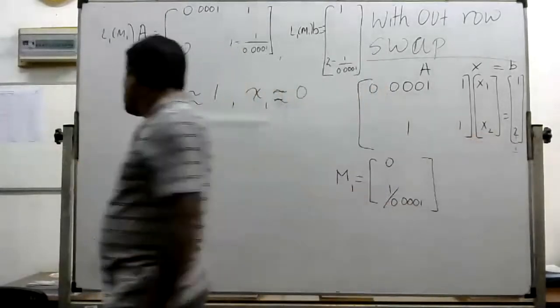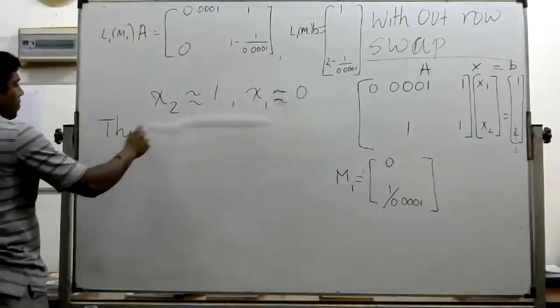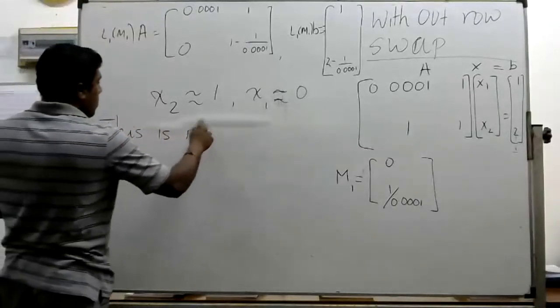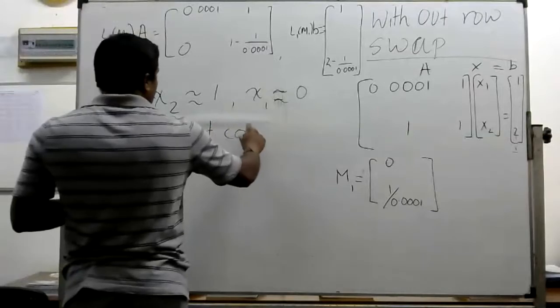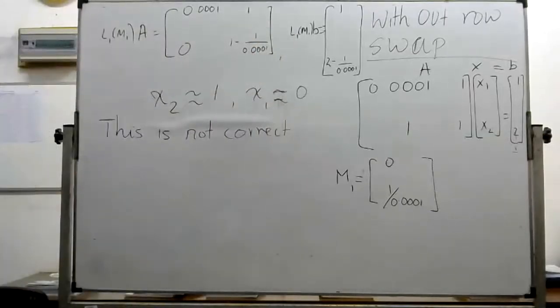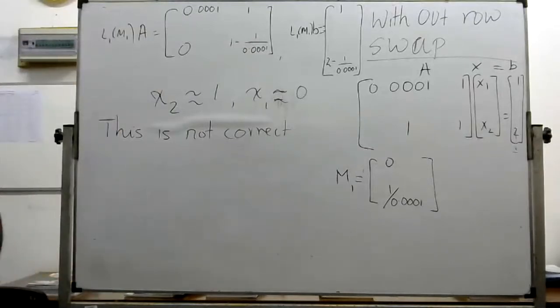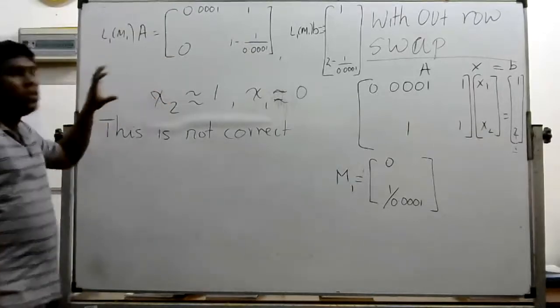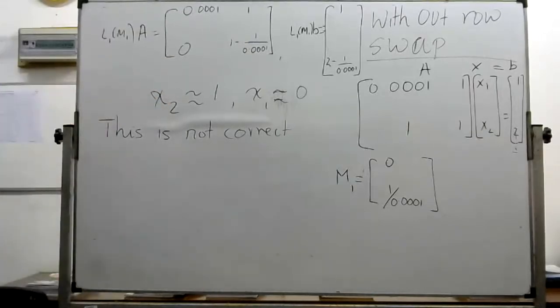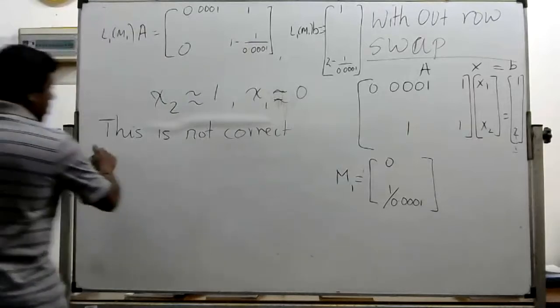That is not true. So without row interchange, if you solve this by just Gaussian elimination, you notice that you get a solution which is not correct.